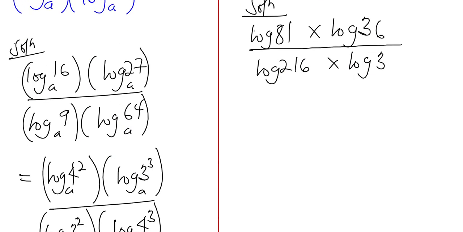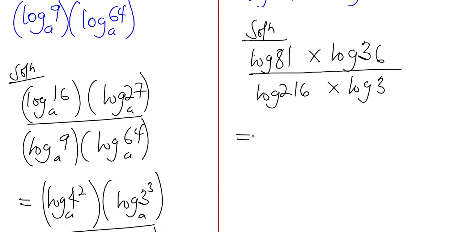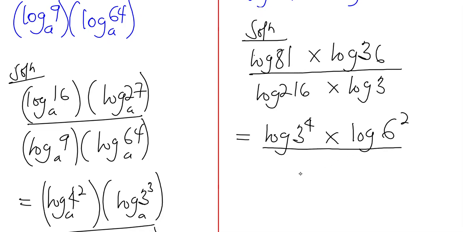Now we can see that, like we said earlier, 81 can be expressed as 3 exponent 4, and 36 can be expressed as 6 exponent 2, divided by 216, which can be expressed as 6 exponent 3. But 3 is 3, so we leave it like we see here, so we have log 3 here.